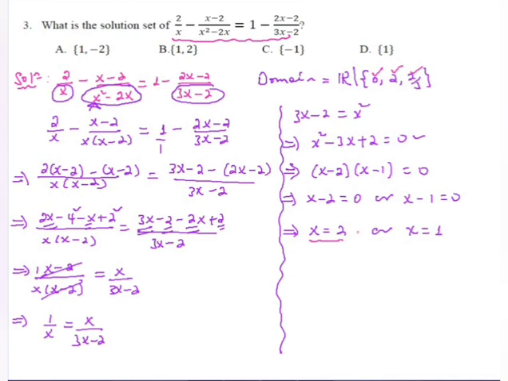This cannot be a solution, we have to discard it. So the only solution that we have is x equals 1. Therefore the solution set for the given rational equation is {1}. You can check that 1 satisfies the equation. So our answer will be D.